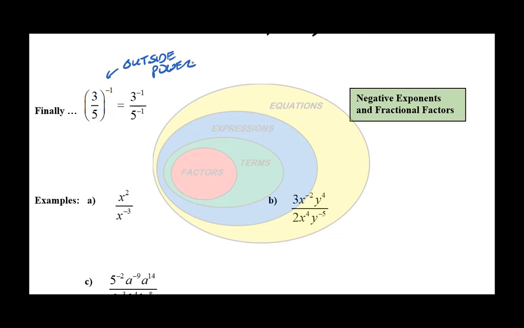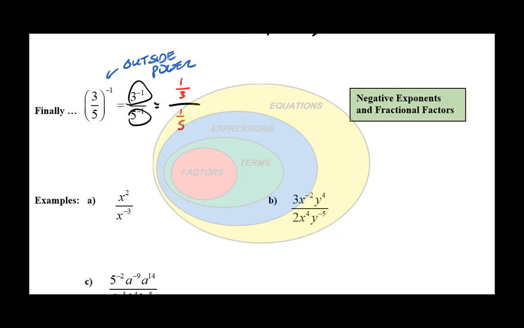So if we apply the outside power to every factor, we would have 3 to the negative 1 over 5 to the negative 1. Now, if we rewrote this, this would be a complex fraction. 3 to the negative 1 would be the same as 1 over 3. And 5 to the negative 1 in the denominator is the same as 1 over 5.